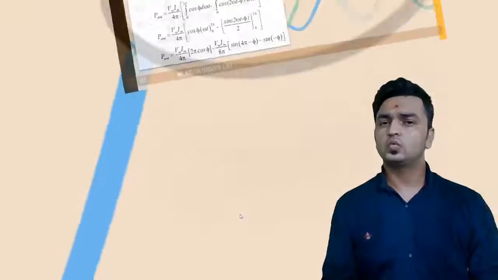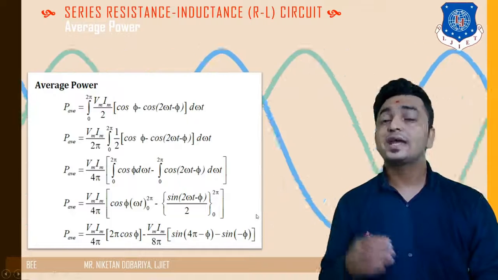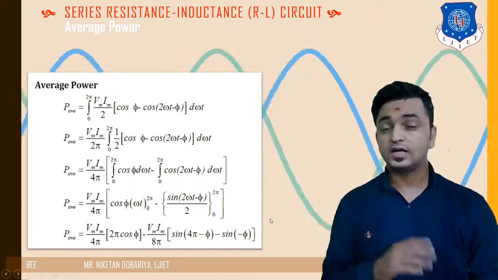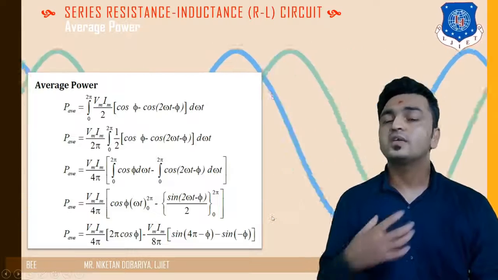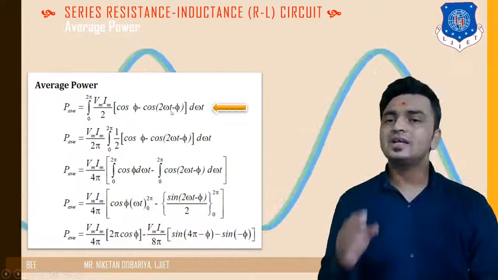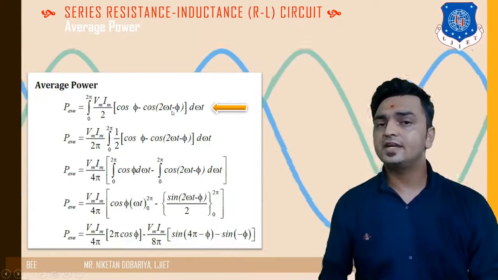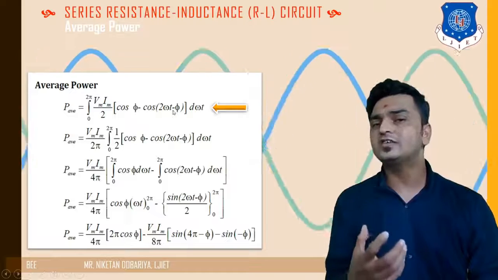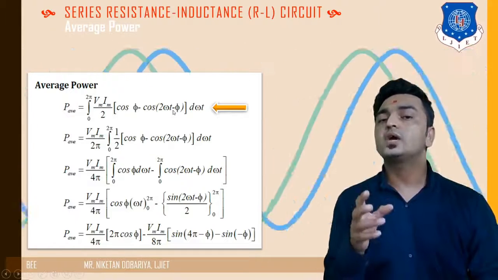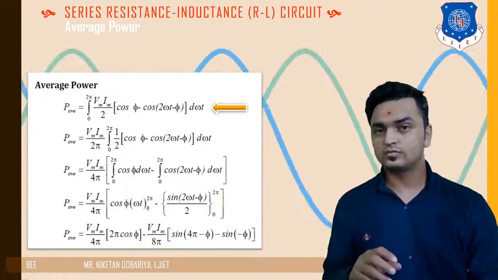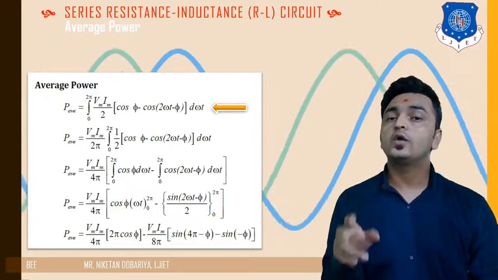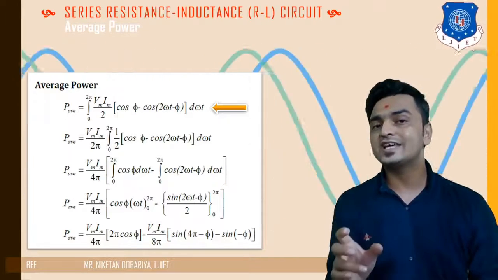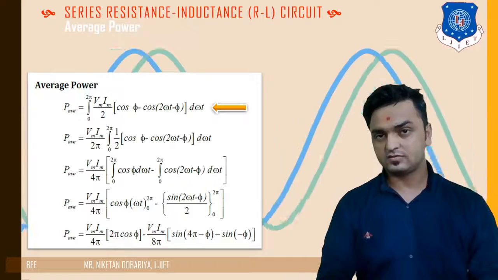Now based on this, we can also calculate the average power. And for that, to find the average of this previous power, we can use the integration method. Here we need to find the average value. If we just integrate this value, we will find the area under this curve. But to find the average of this value, we have to divide that integration by the base length.